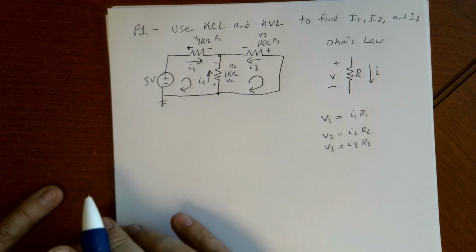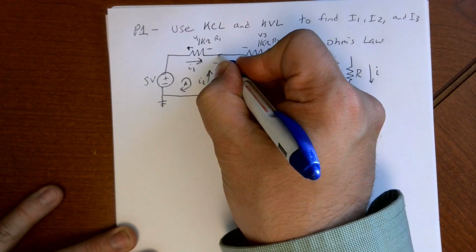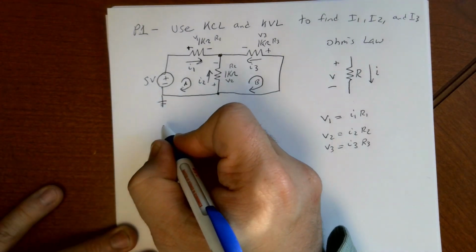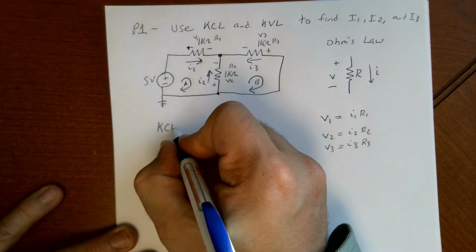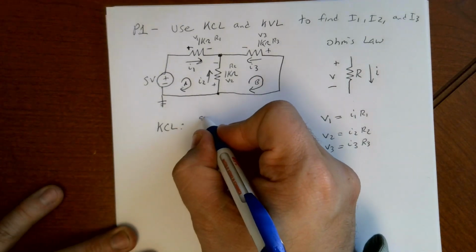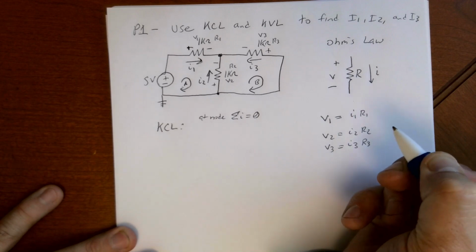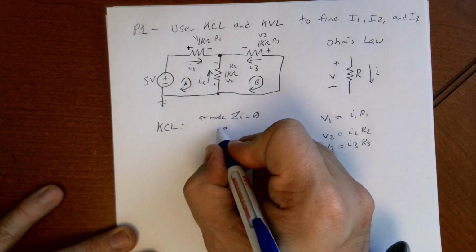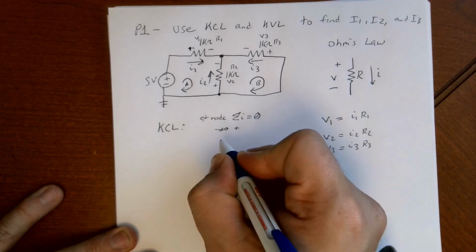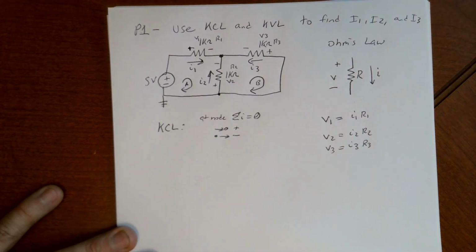Now that we've labeled everything, we can also go through and label our loops, and we see our node here. The first one I always like to do is KCL, right? And that tells us that at a node, the sum of all currents is equal to 0. Current going into a node we say is positive, and current leaving a node we say is negative.